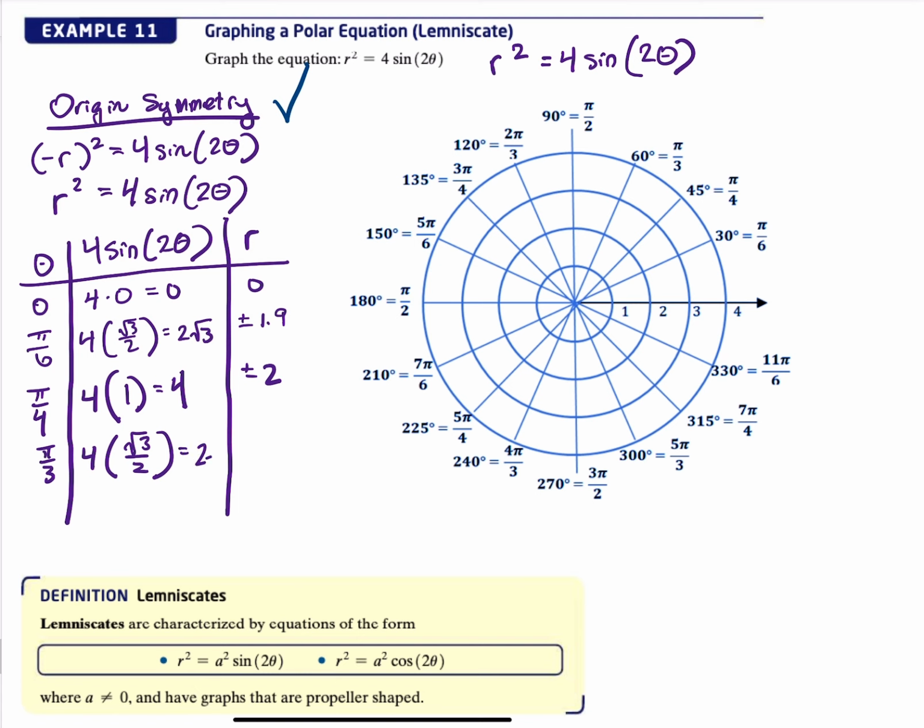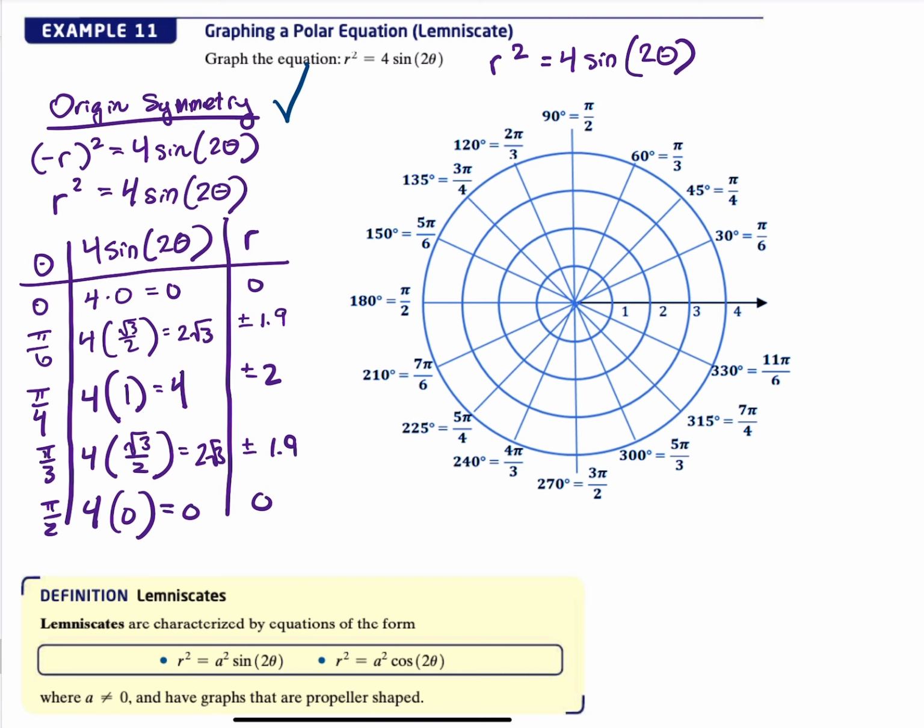So another 2 root 3, so we'll get another plus or minus 1.9. And then for pi over 2, that'll become 4 times the sine of pi, because we're multiplying pi over 2 by 2. Sine of pi is 0, so we get 0.